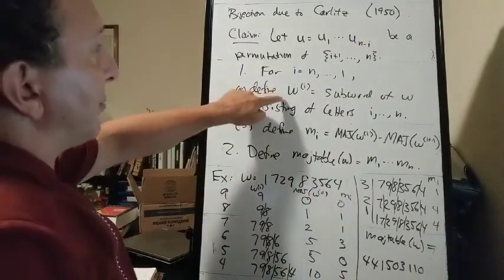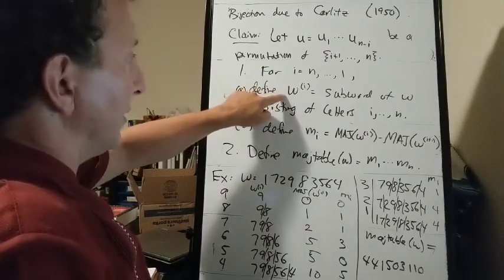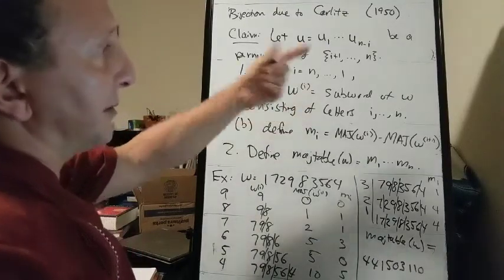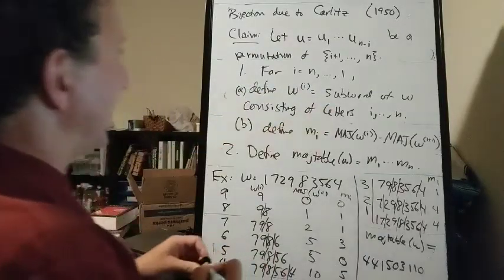So this is supposed to represent our subword Wi. Actually, Wi plus 1 is going to be the subword of our original permutation, restricted to letters I plus 1 through n.